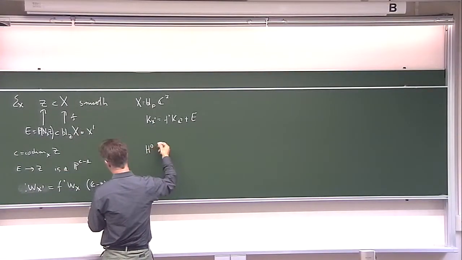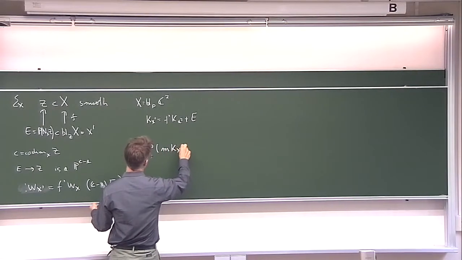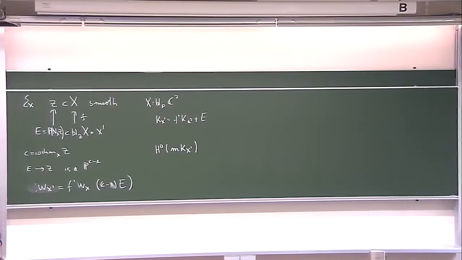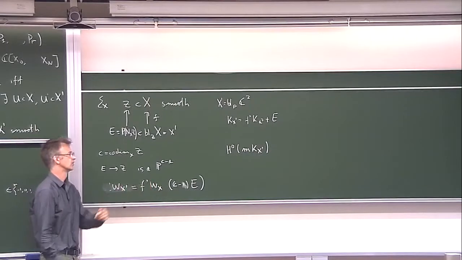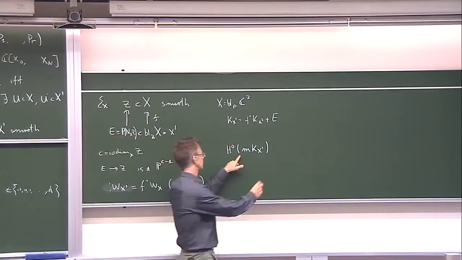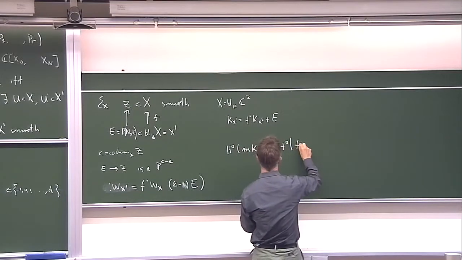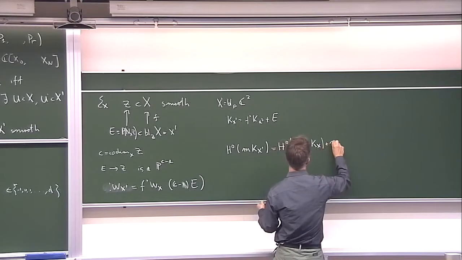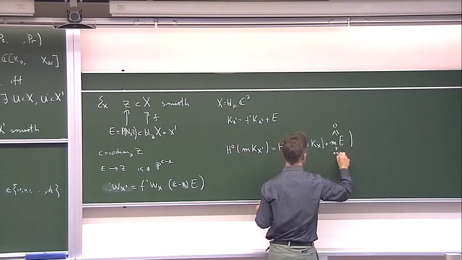sections, let me now use additive notation instead of multiplicative notation. So Kx denotes a divisor corresponding to a meromorphic section of the canonical line bundle. So sections of this correspond to sections of the pullback of m Kx plus m times e, where the key point is that this is effective, but it's also an exceptional divisor.